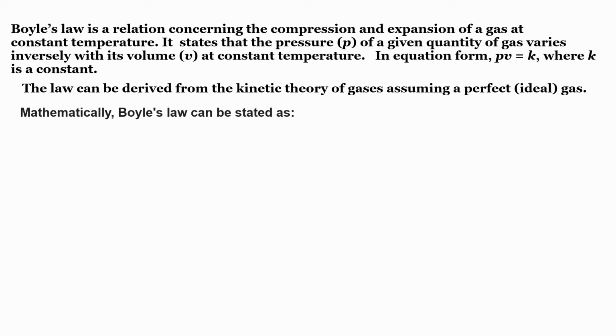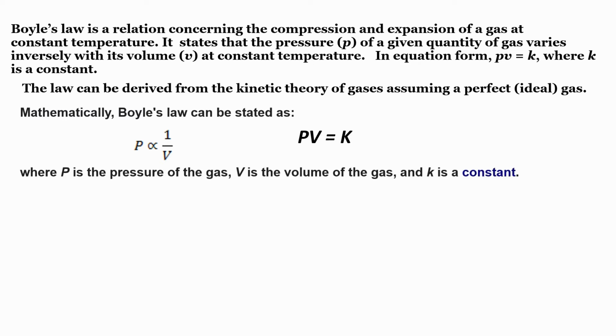Mathematically, Boyle's law can be stated as P is inversely proportional to 1 over V, or we may simply write P times V is equal to K, where P is the pressure of the gas, V is the volume of the gas, and K is a constant.